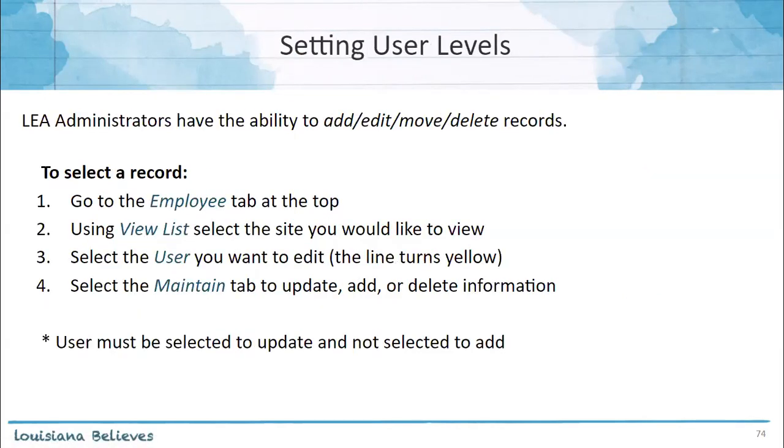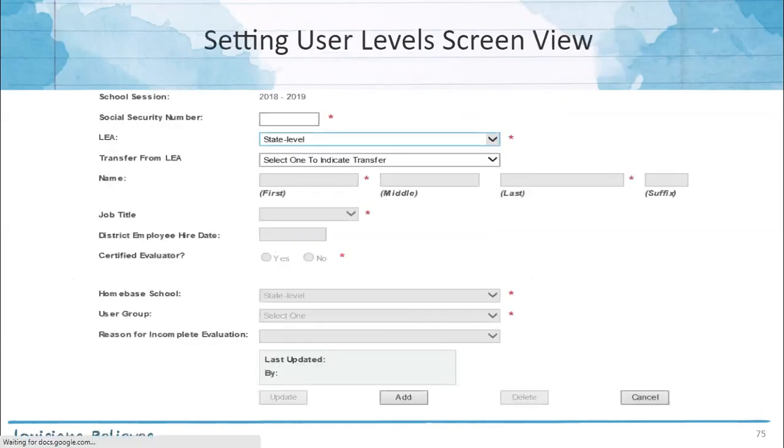All right, so setting your user levels, the LEA admin has this ability. You would go to the employee tab, go to the view list, select the person that you would like. The line will turn yellow, and then go to the maintain tab. This will let you update, add, or delete information. So if you do not have anybody selected, it will come up blank like this.